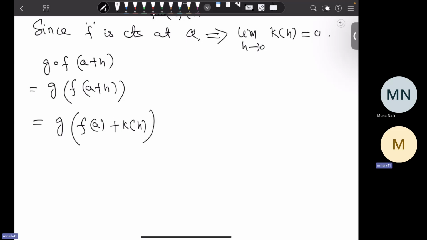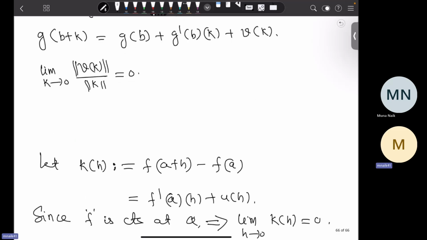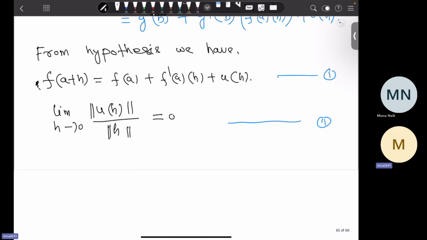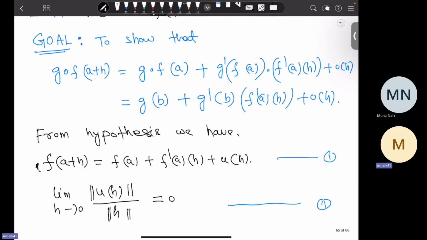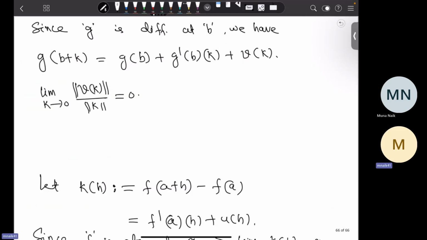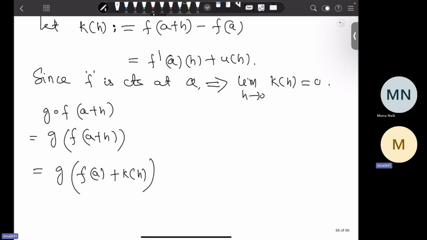I should tell you one thing: this writing f of a plus h is equal to f of a plus f'(a) applied on h plus u of h is valid in a small neighborhood of h. And similarly, this is valid in a small neighborhood of k, whenever the norm of k is very small.